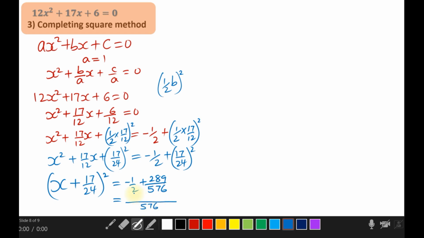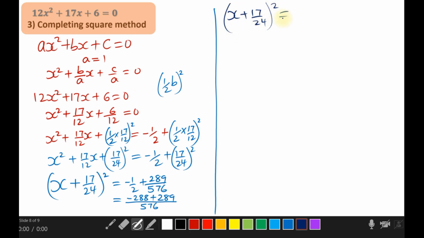So 576 divided by 2 is 288, times minus 1, that will be minus 288. Then plus 576 divided by 576, that is 1, times 289, that is 289. And therefore we have x plus 17 over 24 squared is equal to 1 over 576. So you need to find the square root on both sides.